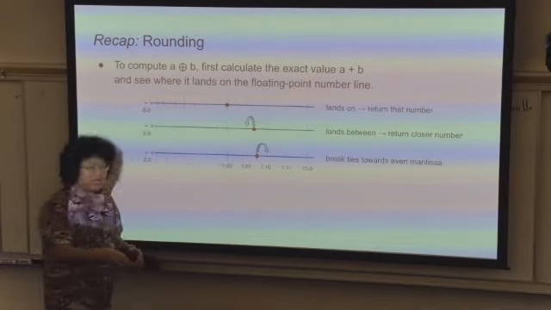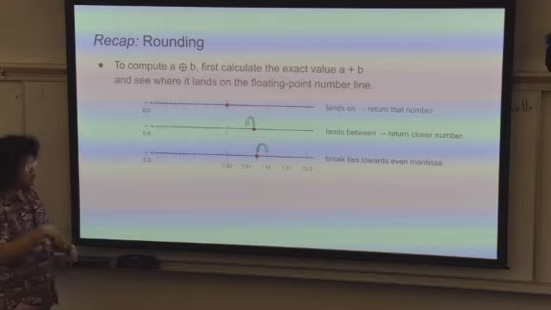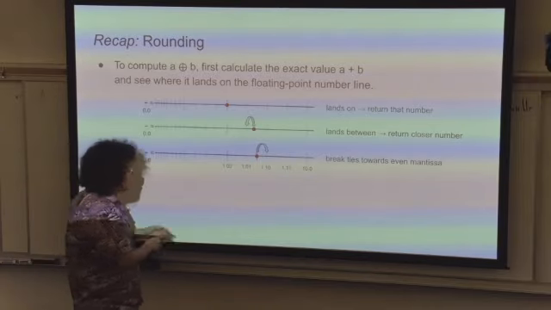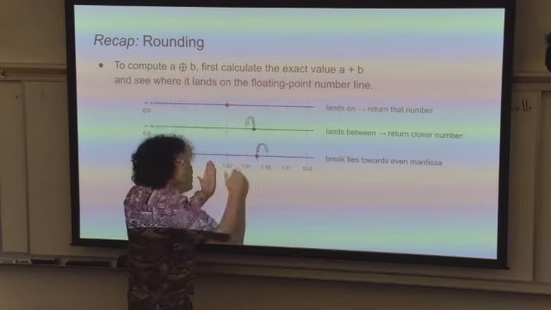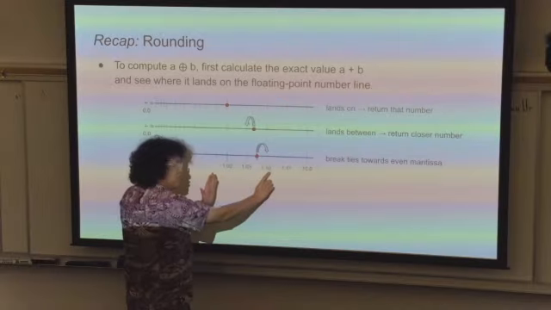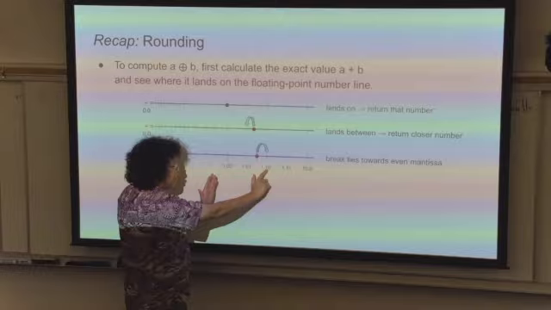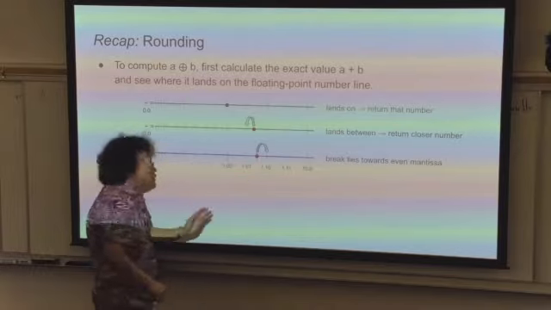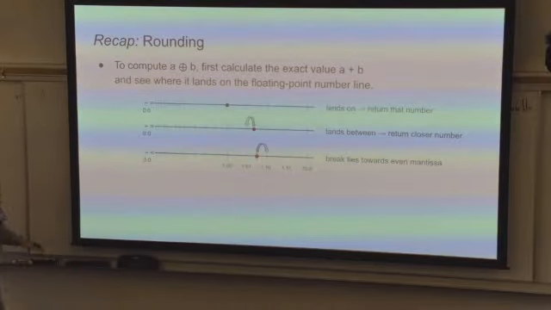Now, in the case where you land exactly in the middle between two of these numbers, we use what's called a tie-breaking rule, which is rounding to even. What that means is, look at the mantissa of each of these numbers in the grid. I want to prefer the one that has an even final digit, right? So I prefer 1.10 over 1.01 here. This may differ from the rounding rule that you were taught in school. I was taught in elementary school that 0.5 always rounds up to 1.